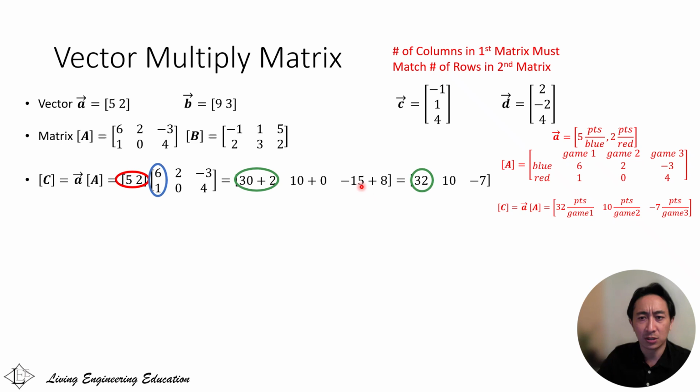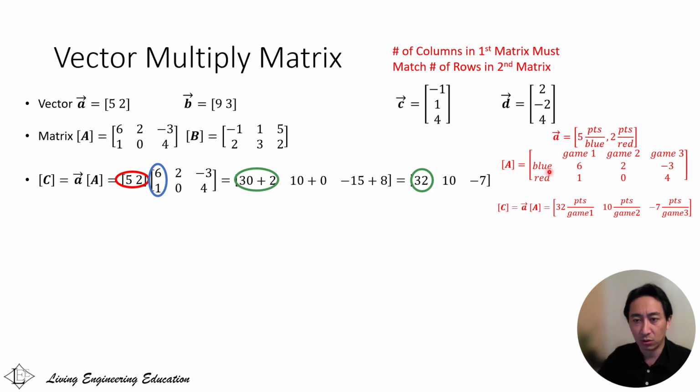Why would I do this? What are the physical representations that a vector multiplying a matrix would even create? So, I mean, these are arbitrary numbers, but let's say you were playing a game and you have a bucket and you have so many red balls and blue balls in your bucket. And after every game, there's a chance for you to gain and lose balls in some fashion.